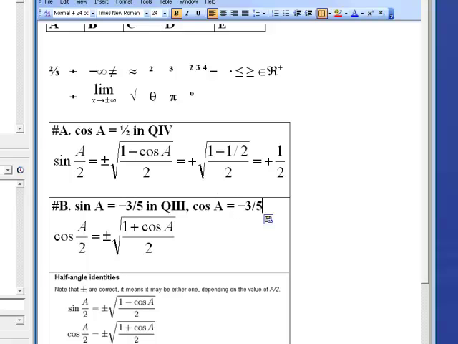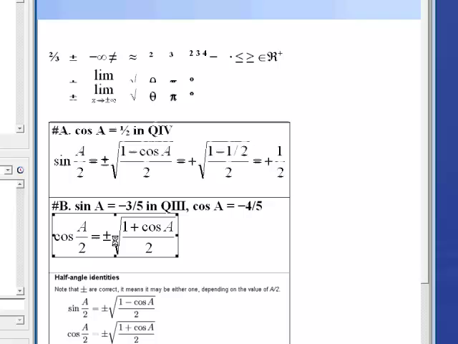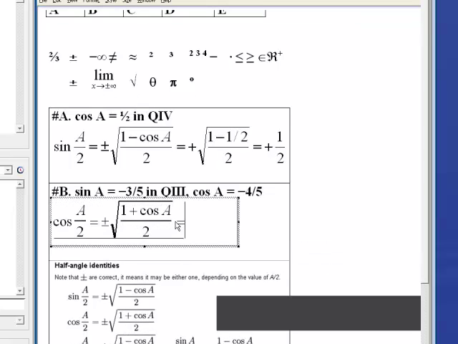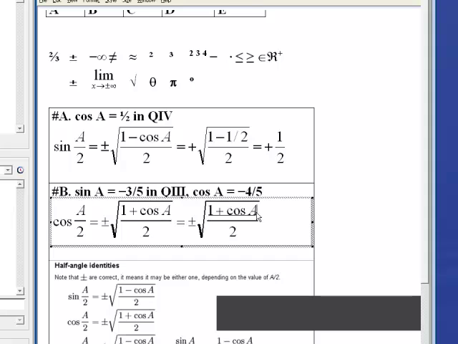And that's what we'll be using. They always give us these nice numbers that we can do in our head, the 3, 4, 5 triangle. Okay, so here now we can continue. So it's going to be 1 plus -4/5.